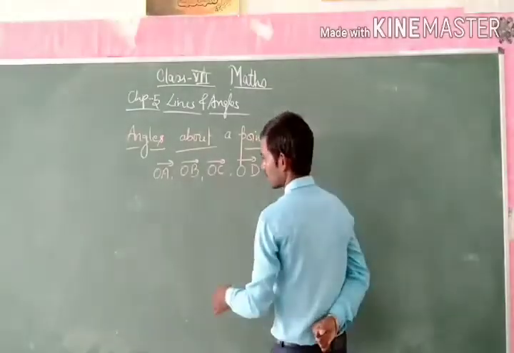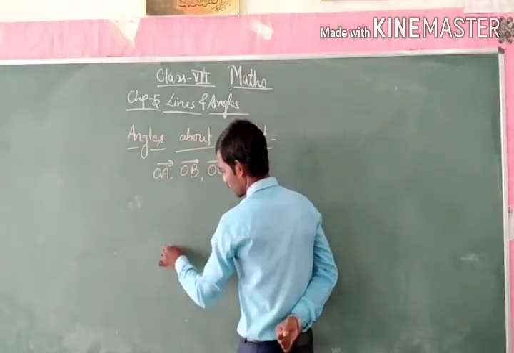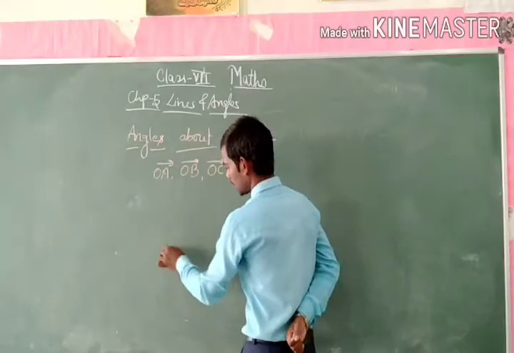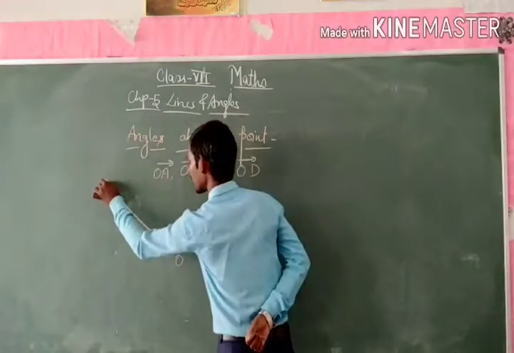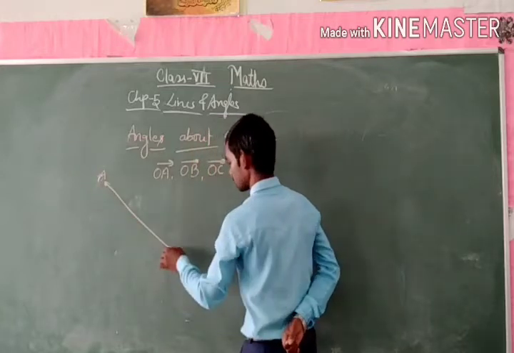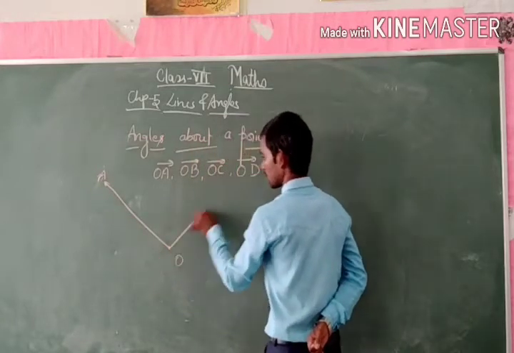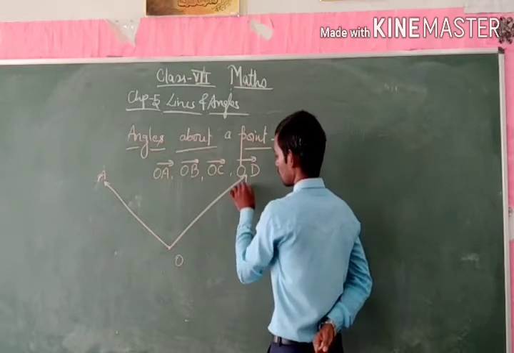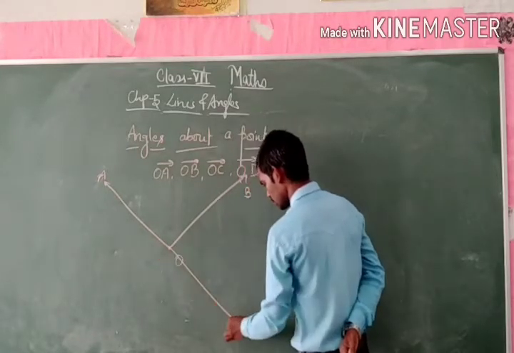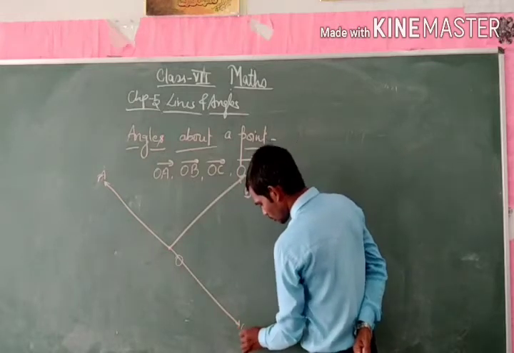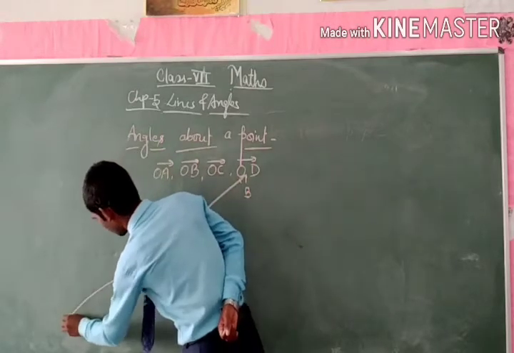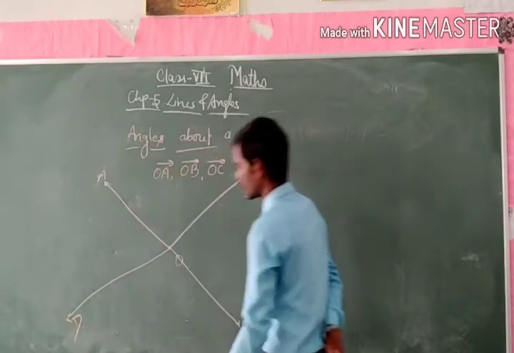So let's draw a figure. This is the point, that is the initial point O, and this is the first ray OA. This is the second ray OB, and this one is the third ray OC, and this is the fourth ray OD.